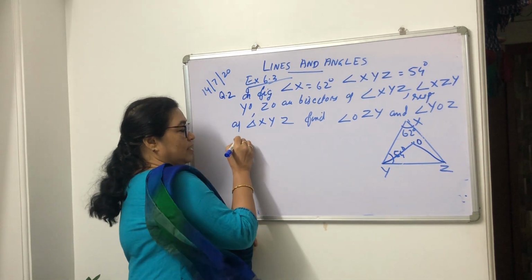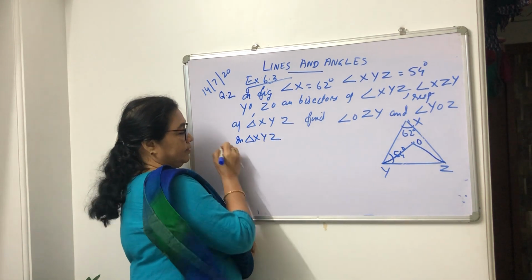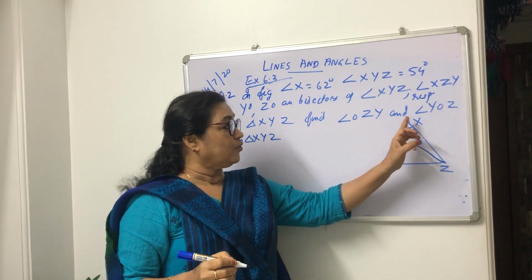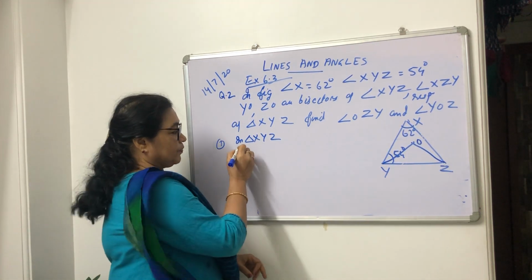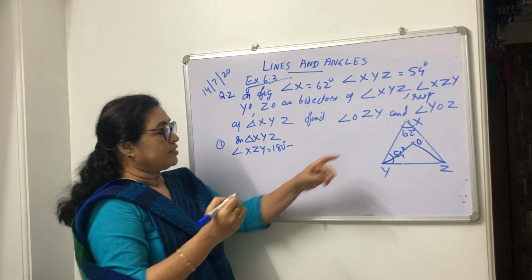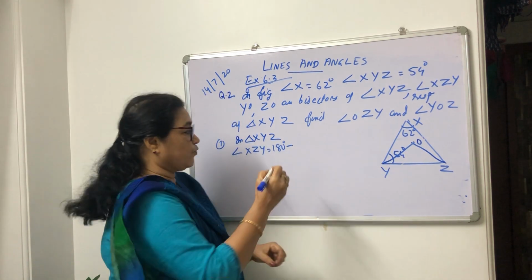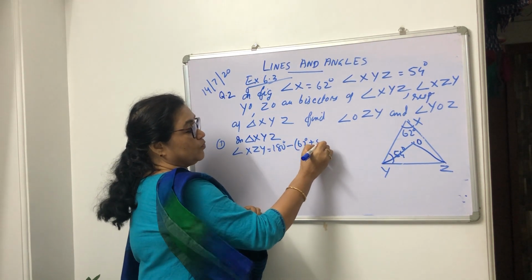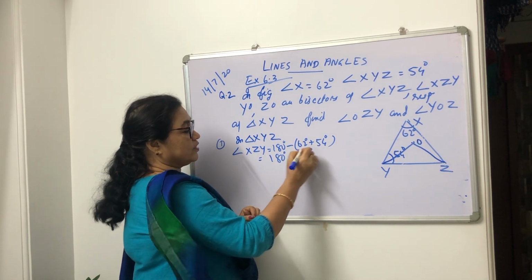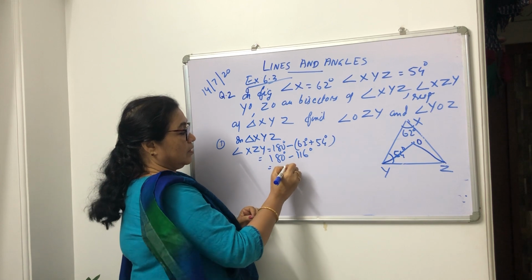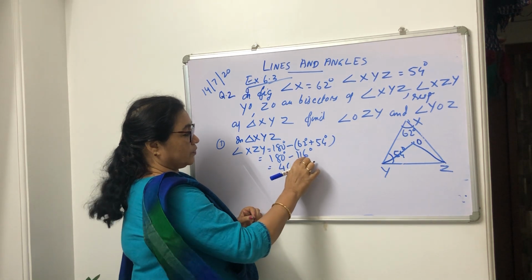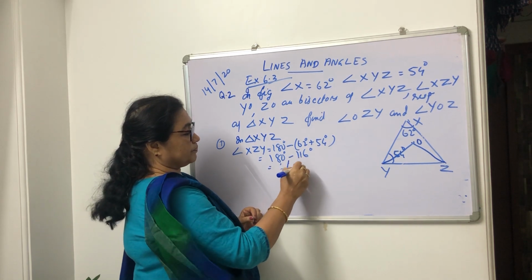So in triangle XYZ, with the angle sum property you can find angle XZY. Angle XZY is 180 minus 62 plus 54. 62 degrees plus 54 degrees is 116, so 180 degrees minus 116 is 64 degrees.